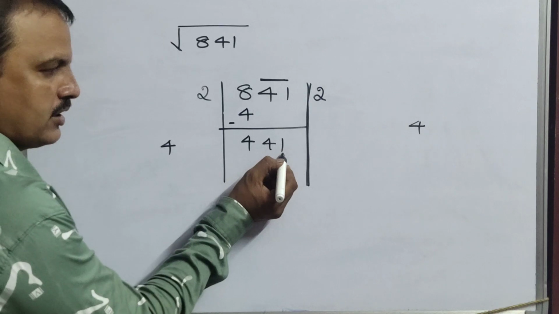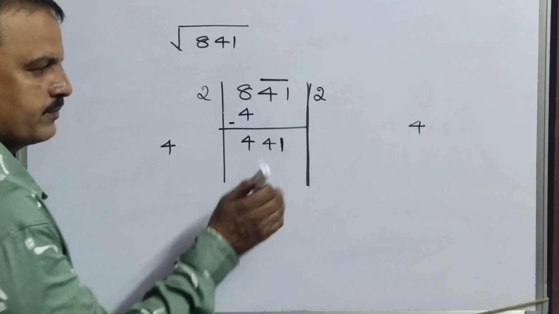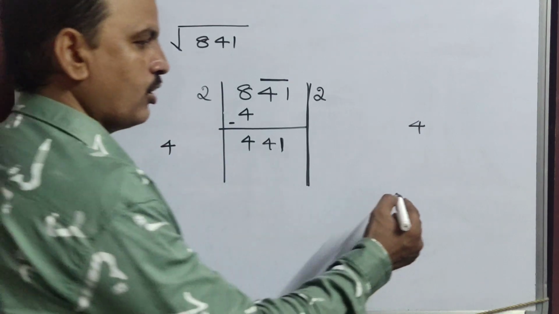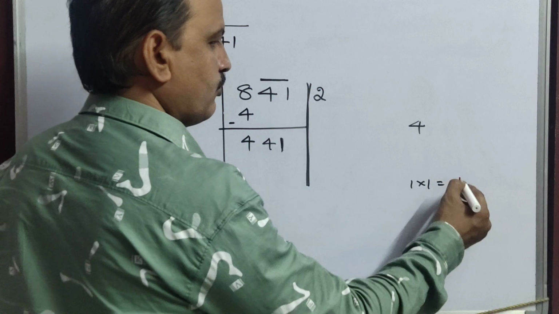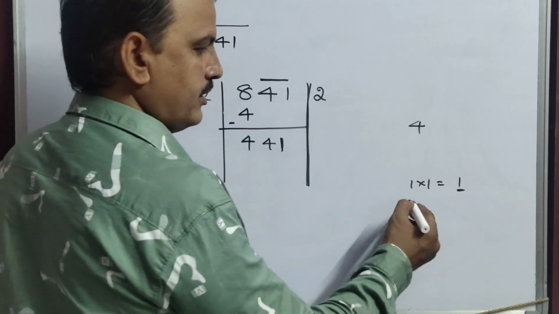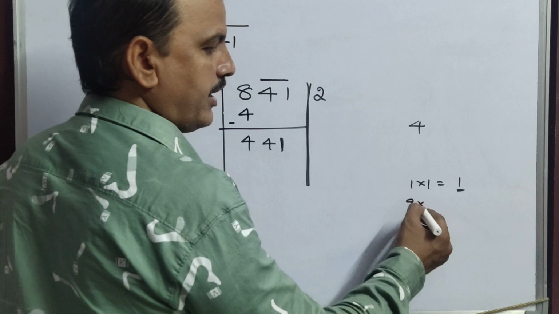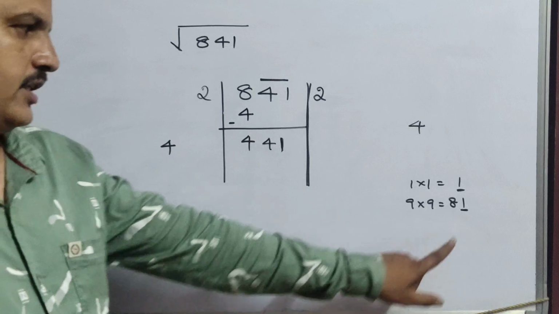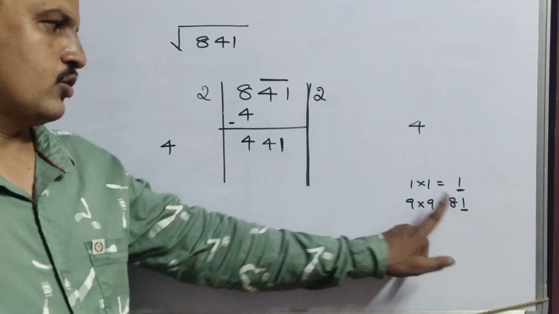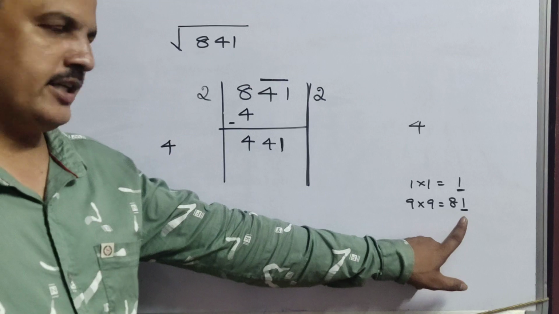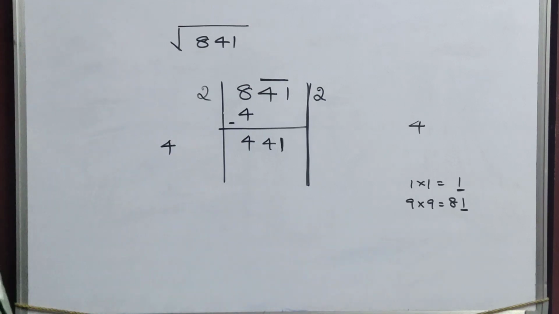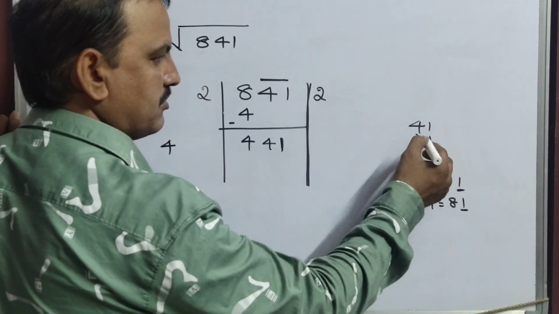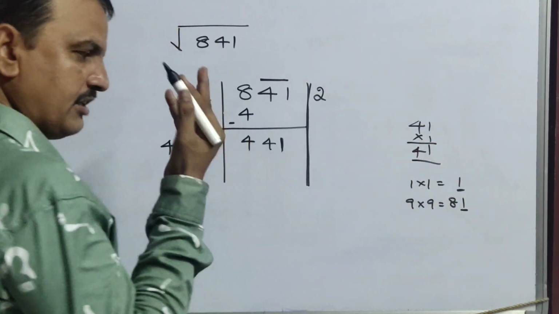Now what is the ones place here, children? 1. Here the ones place is 1. So what are the chances now? 1 1s are 1. Again 9 9s are 81. See here, you got ones place 1, no? So 1 1s are 1, 9 9s are 81. So you got ones place 1. Now check with 1: no chance. 441, no chance.